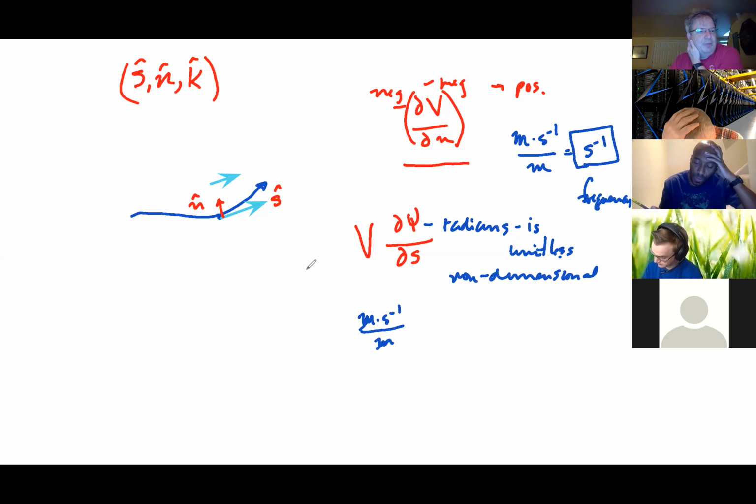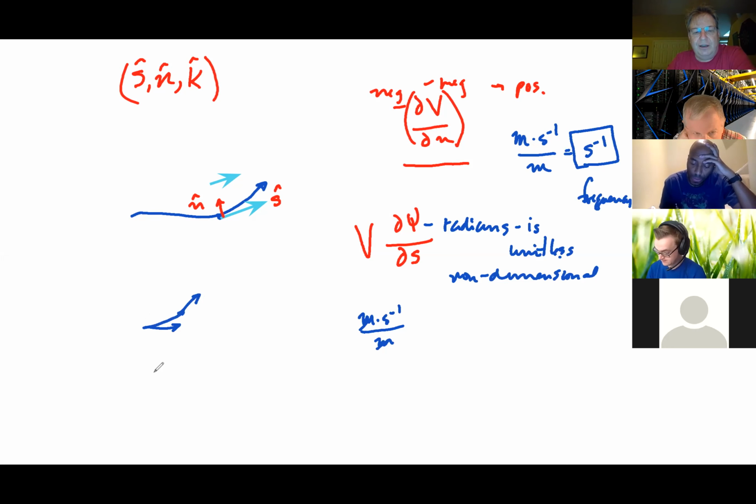We talked about absolute vorticity is curvature. So what makes something curve more? If I'm here and then a little bit later I'm going this way, do you agree that that's a bigger angle as I go from here to here?